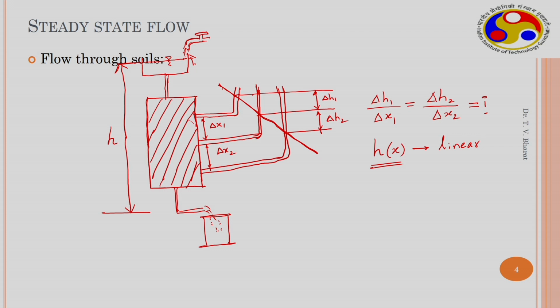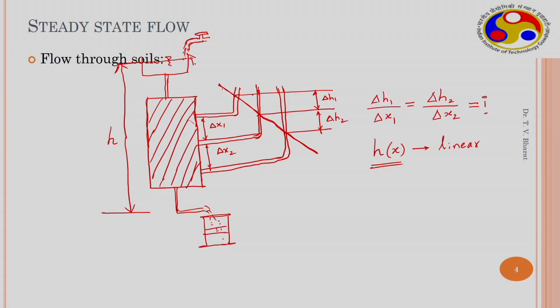This particular test is often conducted on saturated soil samples, on coarse grained soils, because the volumetric flow rate is significant, so that we can measure the amount of water coming out from the soils at any two different time intervals. From that we can estimate the hydraulic conductivity.